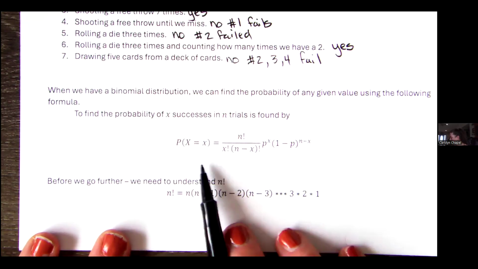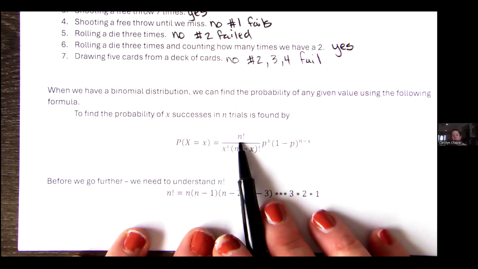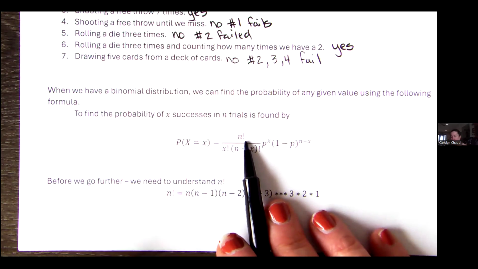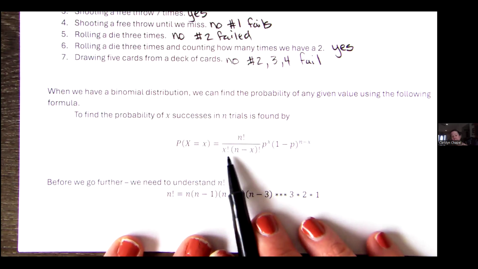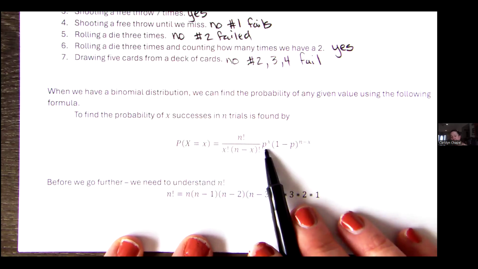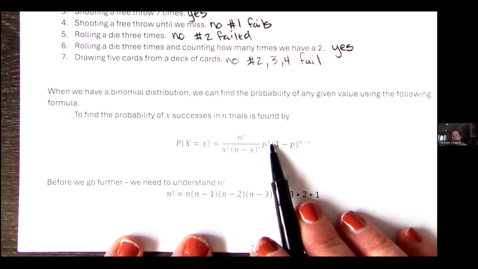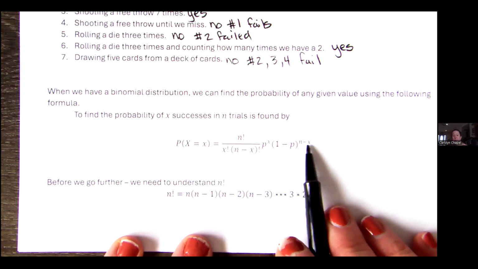The probability of X being some value, like getting 7 successes or 2 successes, is N! divided by X factorial times N minus X factorial, times P, which is our probability of a success, to the X power, so that's an exponent, and then 1 minus P to the N minus X.